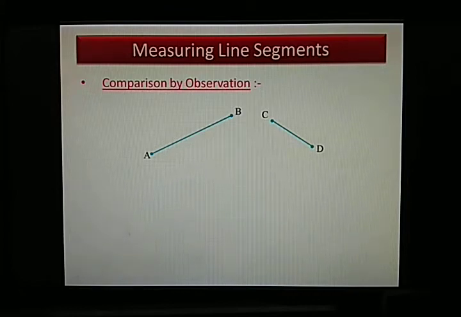You can see that AB is somewhat larger in length than CD. This is obviously very clear to you. So by comparison of observation, what can you say? That the line segment AB is definitely greater than the line segment CD. Just by observing, we have not even measured it, we can say that AB is greater than CD in comparison to its length.